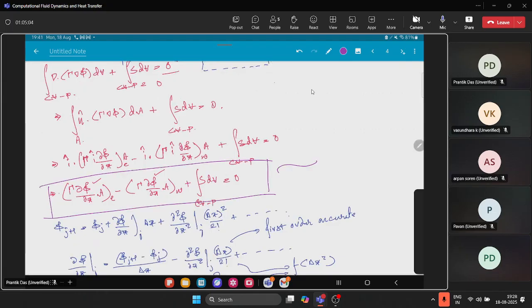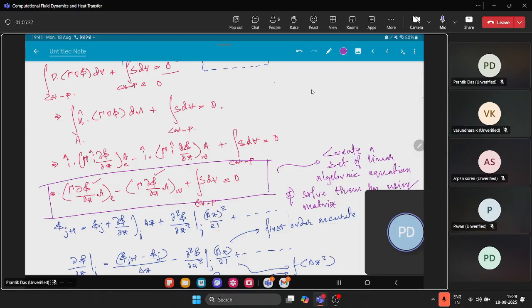Then we create a set of linear algebraic equations and solve them using a matrix. Today I will show you how this linear set of equations gives rise to a matrix.